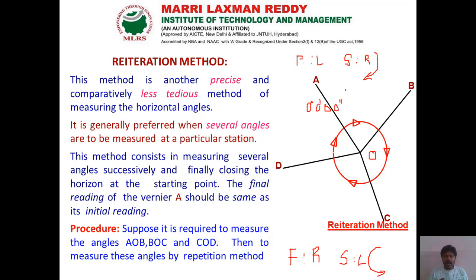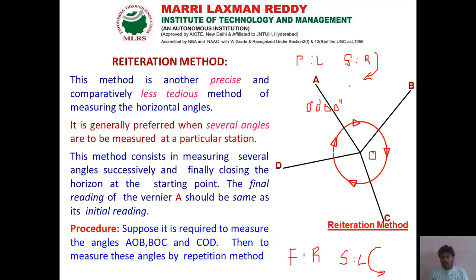Next we tighten the lower clamp screw and loosen the upper clamp screw, so that we can rotate our instrument in the horizontal plane and the vernier scale reading changes from 0 degrees.